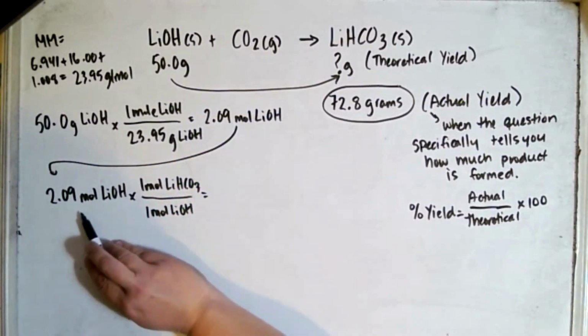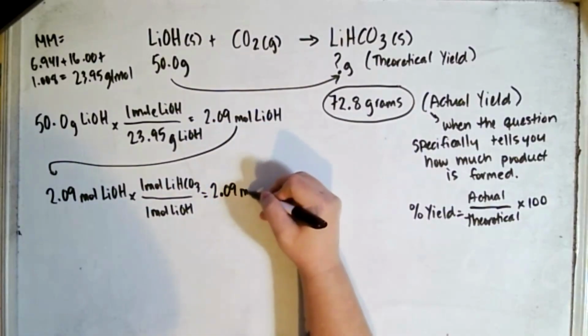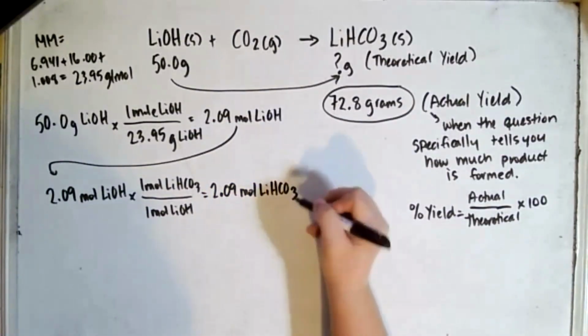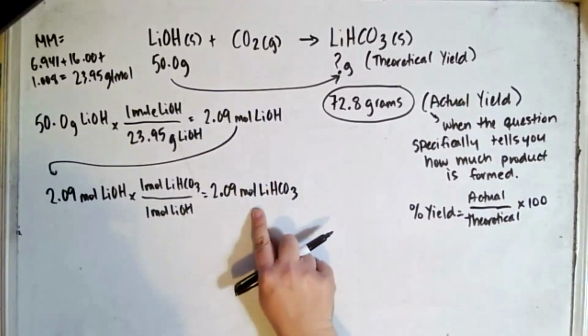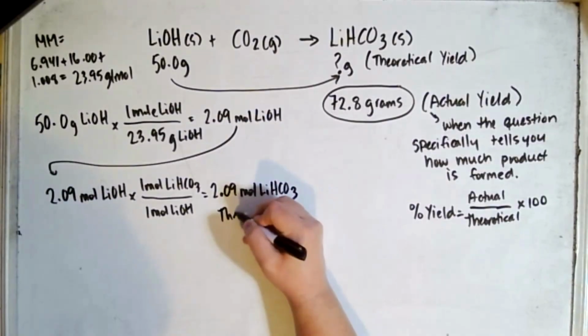So if I have 2.09 moles of lithium hydroxide, I will end up with 2.09 moles of lithium hydrogen carbonate. And now I can take that value and I can figure out the mass of that. This is going to be my theoretical yield in moles.